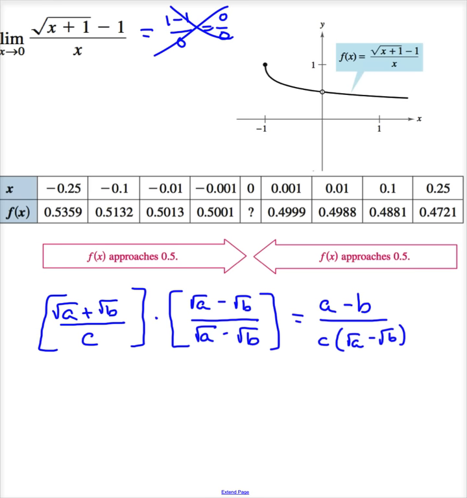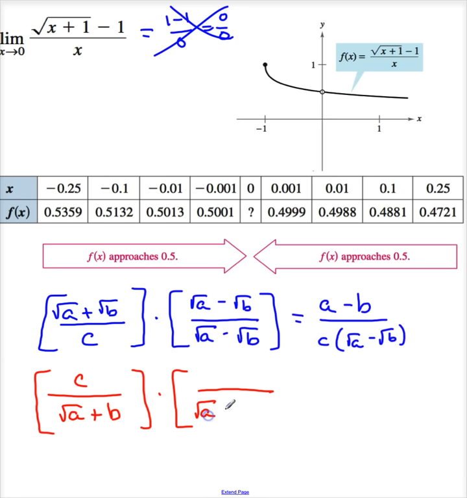Now, a lot of times we're doing this in the denominator. So we'll have some number c in the numerator, and we'll have a radical in the denominator. But let's just say in this case, we're adding a number b. We're not even going to do the radical there. In order to rationalize this and get rid of this, I'm going to multiply by the conjugate of the denominator, which just means I'm going to change the sign.